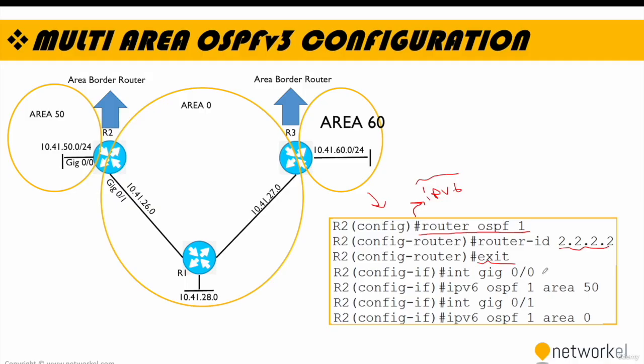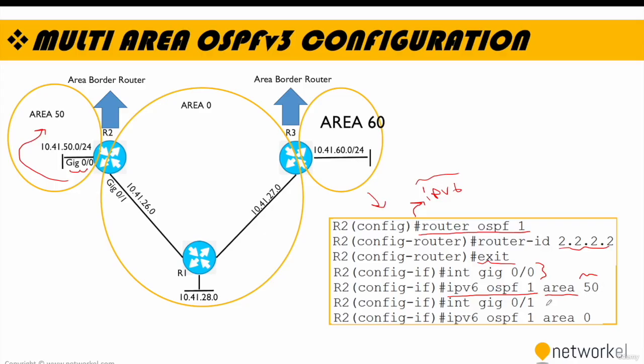For router 2, this time I am going into the interface mode, interface gigabit 0/0, and I am typing ipv6 ospf 1 area followed with the area number. Since this gig 0/0 belongs to area 50, I'm typing area 50 here.